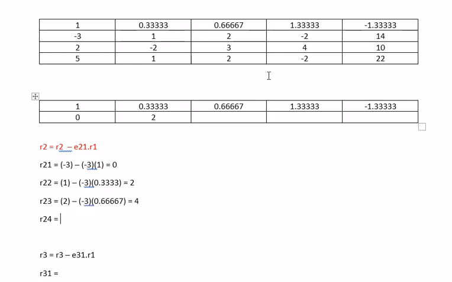And R4 is equal to here negative 2 minus negative 3 times 1.3333.